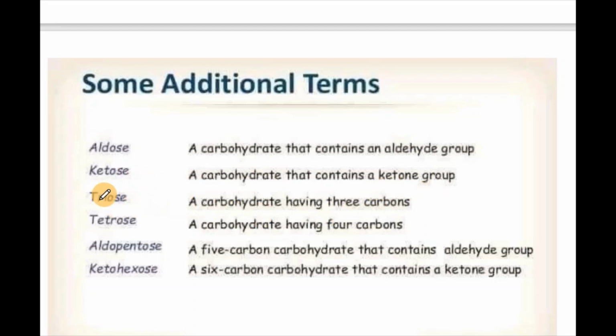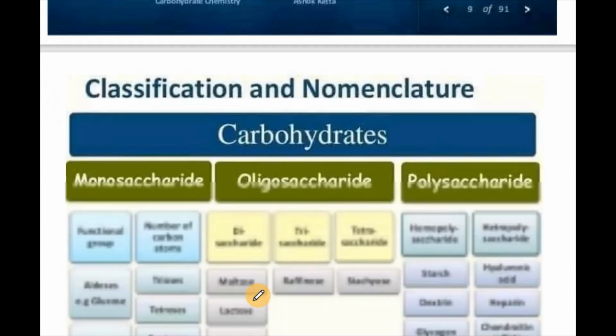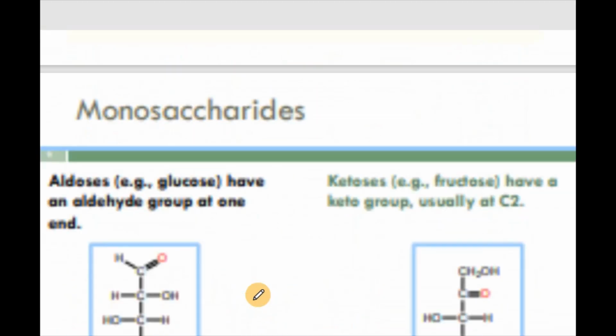A triose, a carbohydrate having 3 carbons. A tetrose, a carbohydrate having 4 carbons. An aldopentose, that is a 5-carbon carbohydrate that contains an aldehyde group. And a ketohexose, a 6-carbon carbohydrate that contains a ketone group. So this is just a summary of the whole classification scheme.